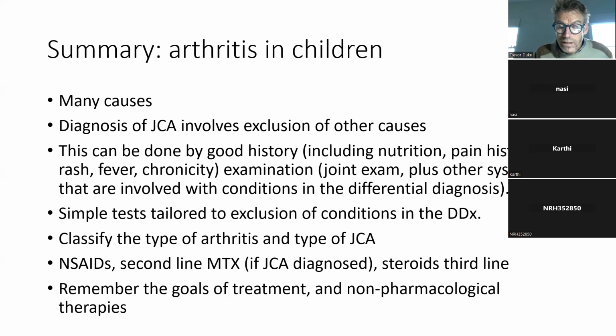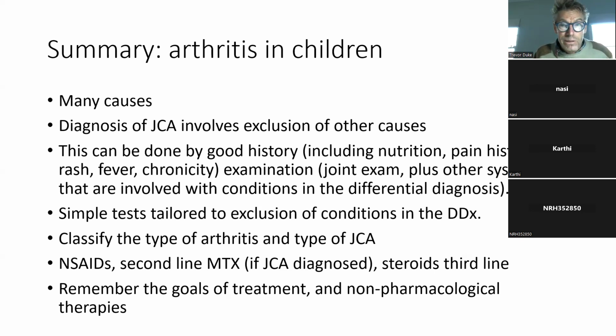I've talked about how you need to classify the type of arthritis and the type of JCA, because that can lead you to the type of treatment that you give. Non-steroidals are the first line: ibuprofen, naproxen, indomethacin, aspirin. The second line treatment should ideally be methotrexate if you've got it, if you've diagnosed polyarticular or chronic severe oligoarticular JCA.